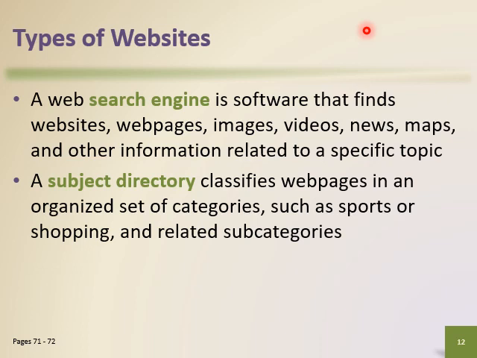Then we have the terminology known as subject directory, which classifies web pages in an organized set of categories, such as web pages related to sports, shopping, and related subcategories. The disadvantage with a subject directory is that users sometimes have difficulty deciding which category to choose as they work through the menus of the links present.